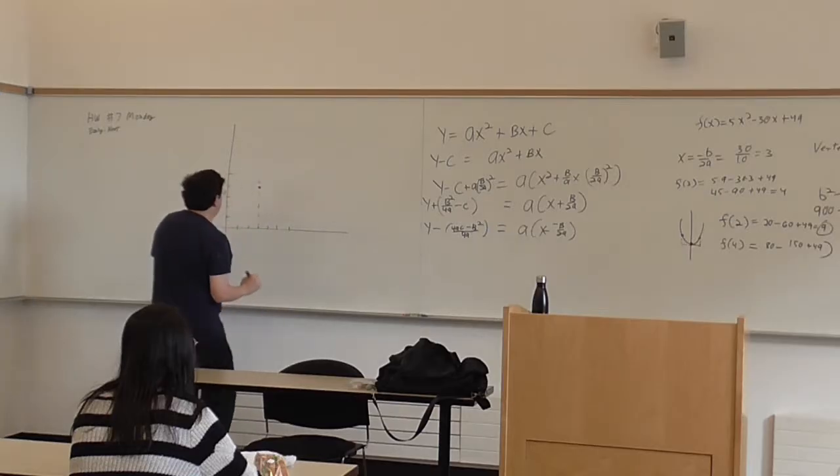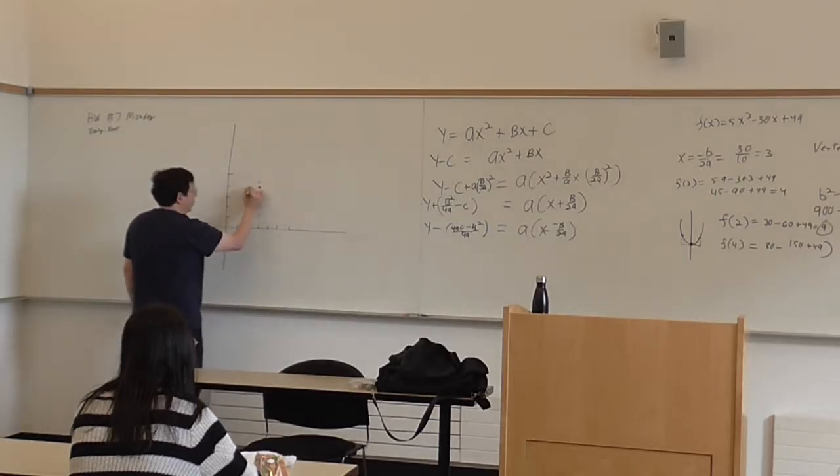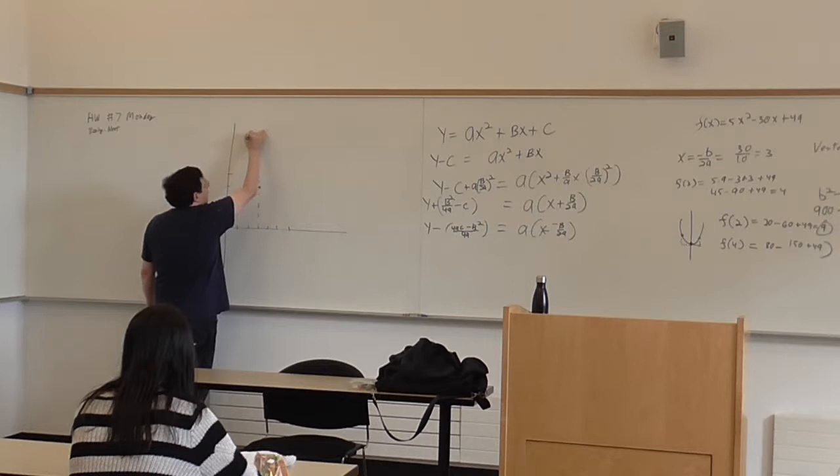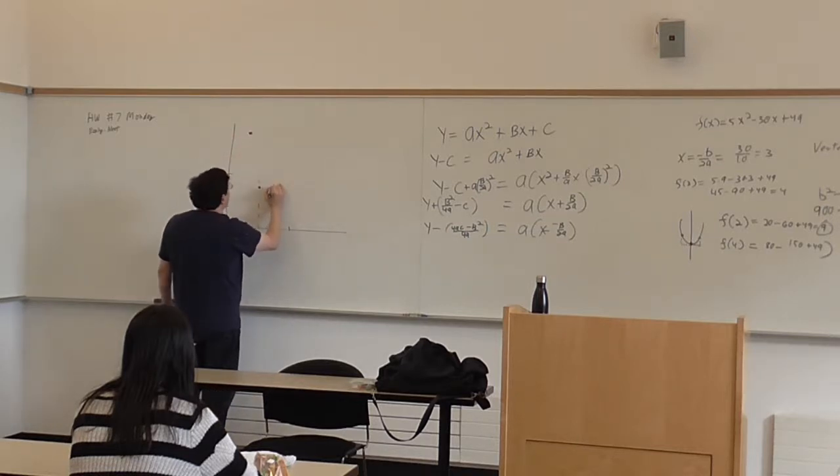I think my point 1 to the side of 2 should be 9. So 4, 5, 6, 7, 8, 9. And I think that this point here should be the same.